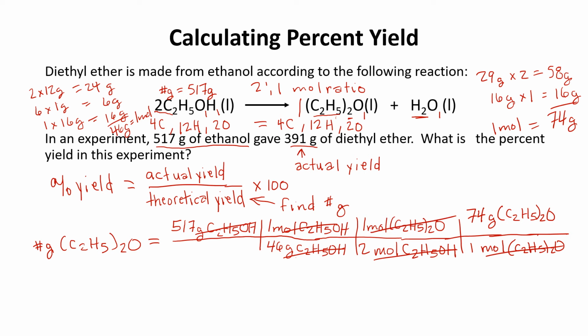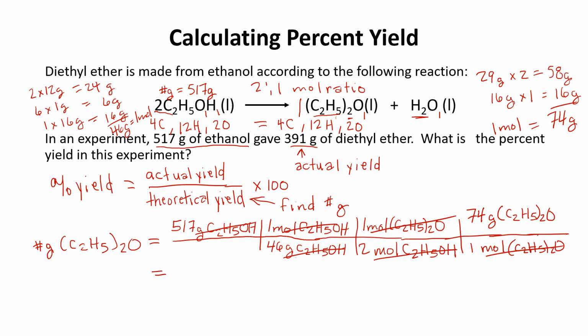All right, so the moles of diethyl ether cancel, and I'm left with grams of diethyl ether. So when I carry this calculation out, I'm going to say 517 times 1 times 1 times 74, get that product, and then divide by, open parentheses, 46 times 2, close parentheses, and that gives me the answer.